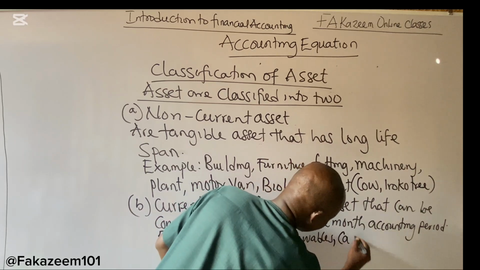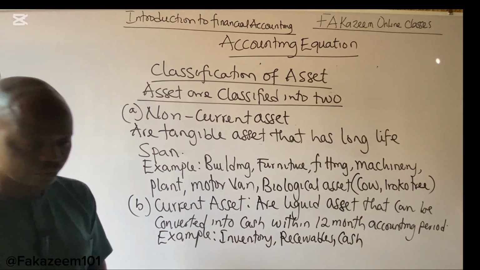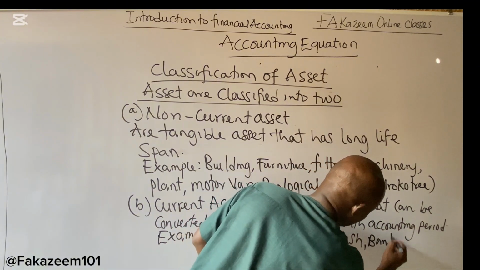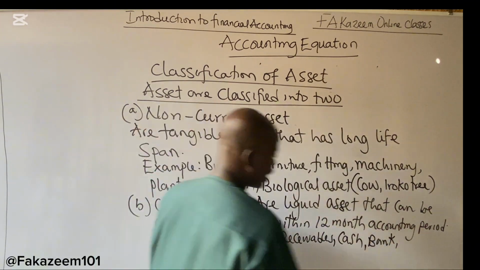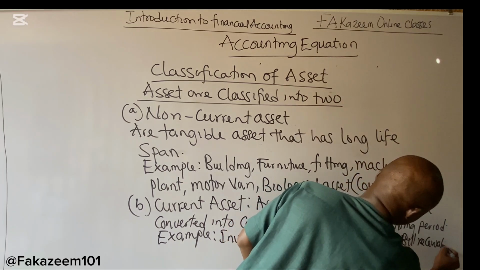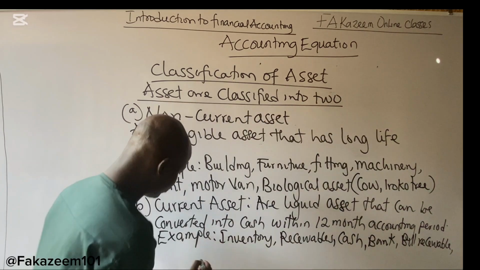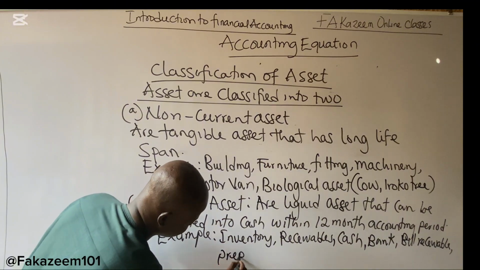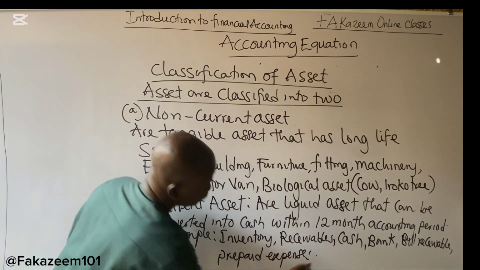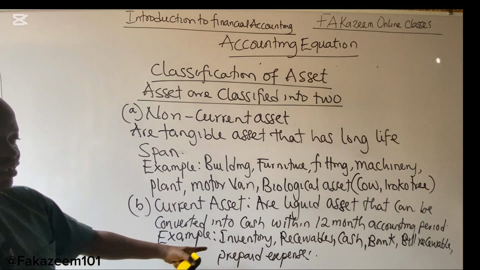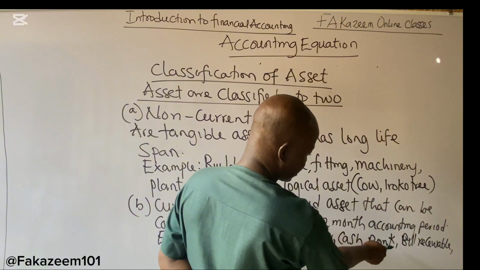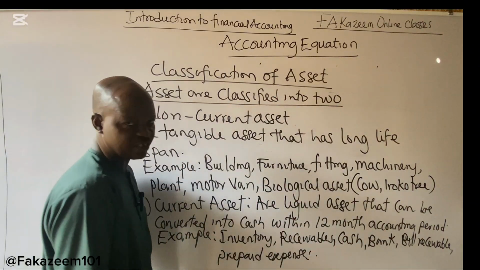Another example of current asset is cash. And another example of current asset is the money kept in our bank. And another example is bill receivable. Another example is prepaid expenses. These are examples of current asset: inventory, receivable, cash, bank, bill receivable, and prepaid expenses.